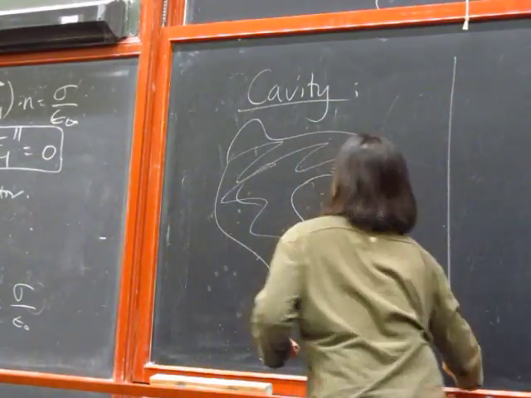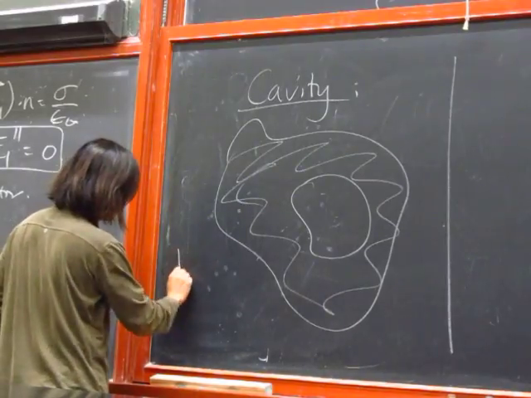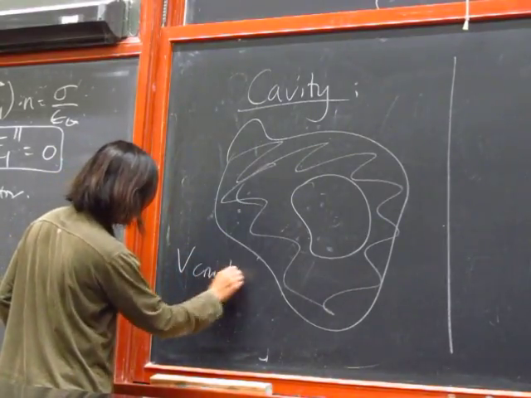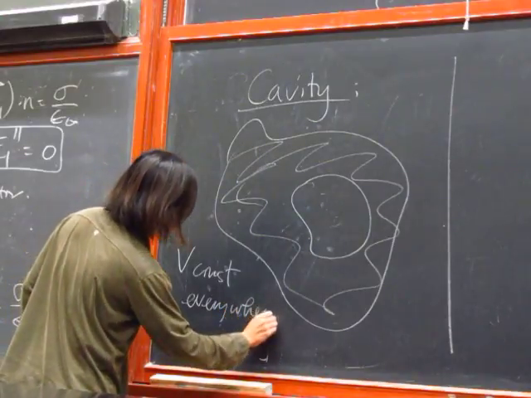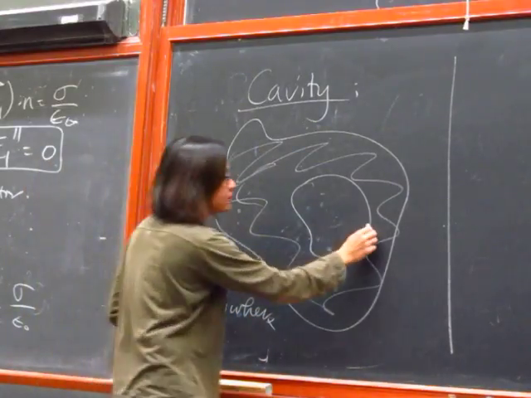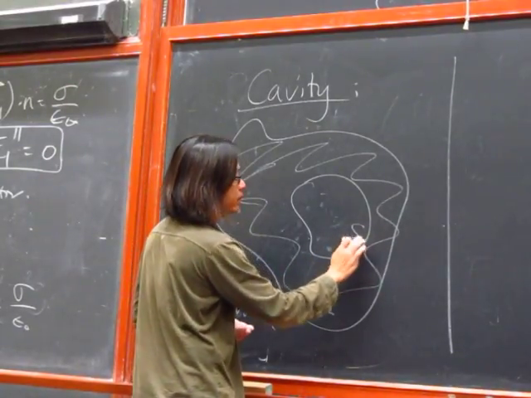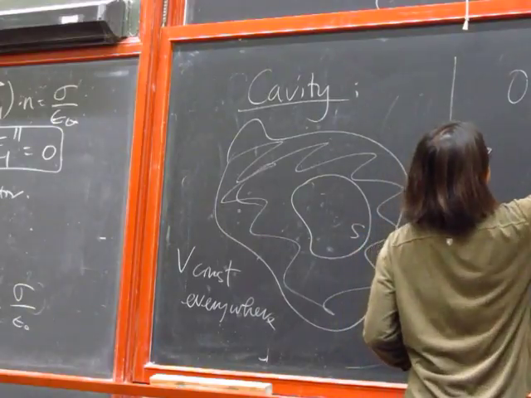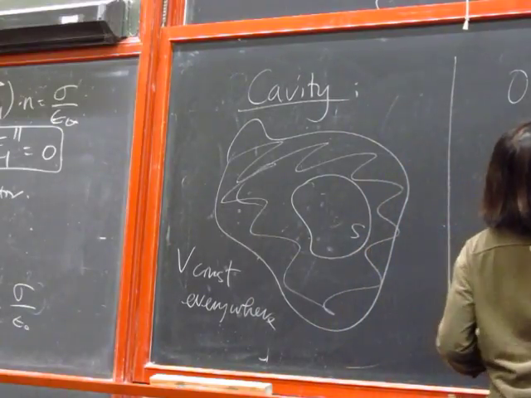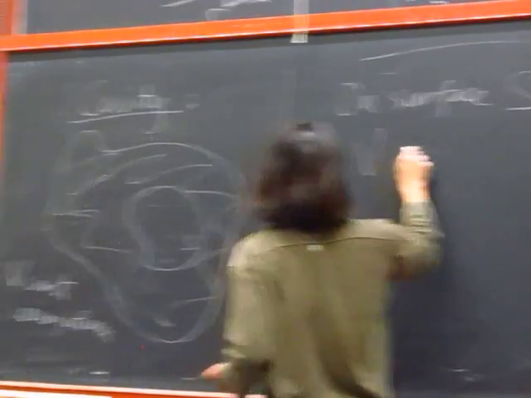We know that the potential is the same everywhere, constant everywhere. So in particular, along the inner surface, let's call this S, on surface S, the potential is constant.